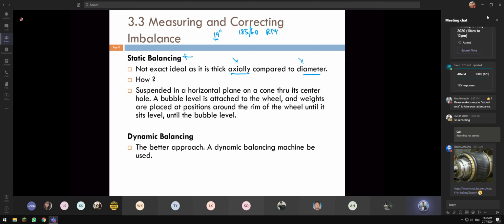185 is actually the width of the tires, right? 60 is the ratio between the thickness of the tires to the width of the tires. Then this 14 is the rim size that you can fit in.